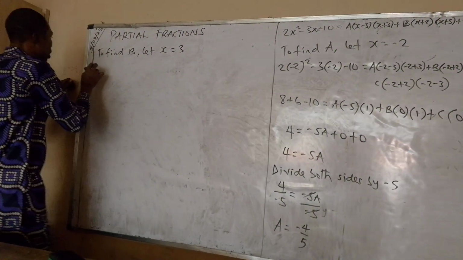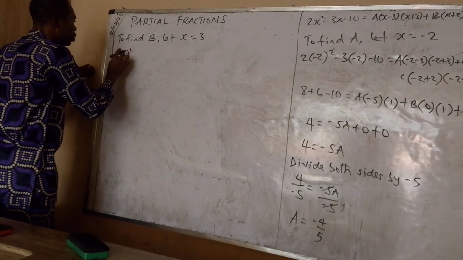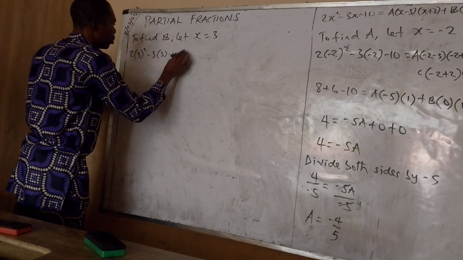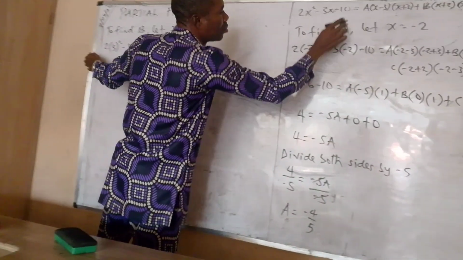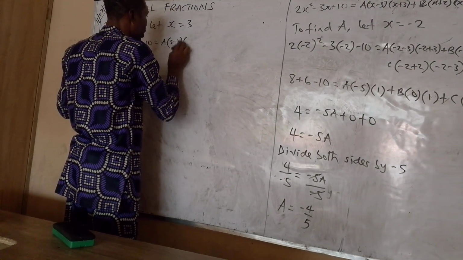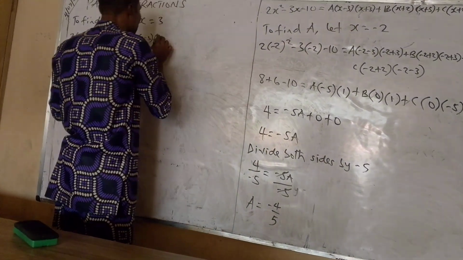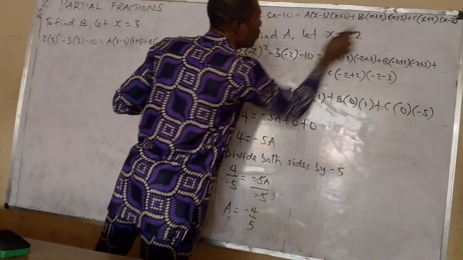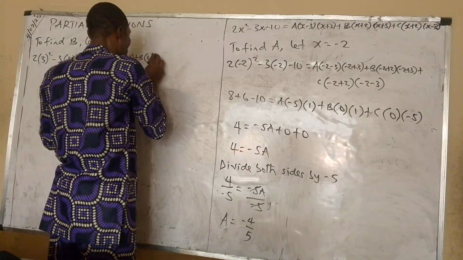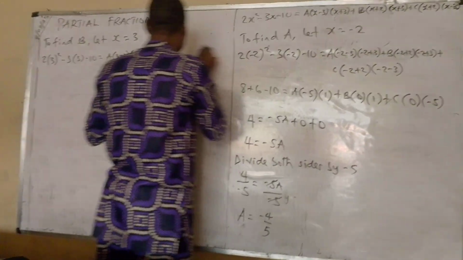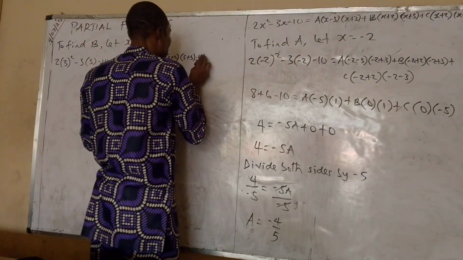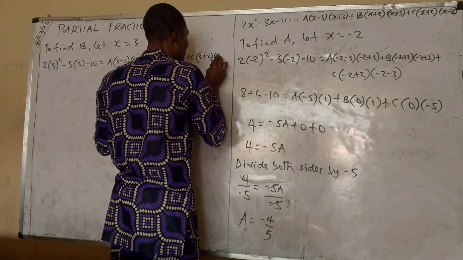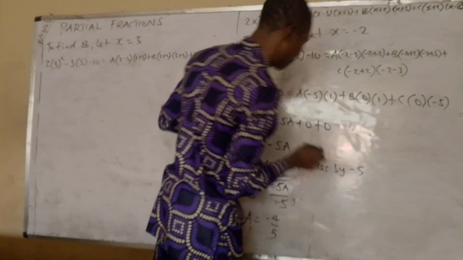So this will give me 2 into bracket 3 squared minus 3 into bracket 3 minus 10 equals a into brackets 3 minus 3 into brackets 3 plus 3, then b into brackets 3 plus 2 into brackets 3 plus 3, and then plus c into brackets 3 plus 2, and then 3 minus 3.